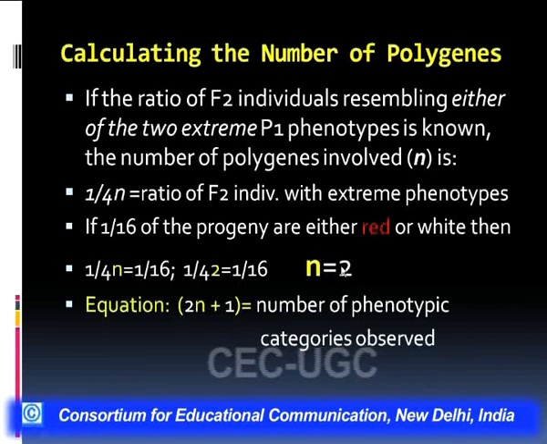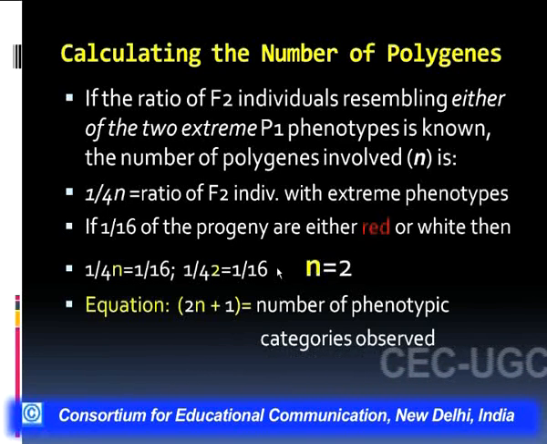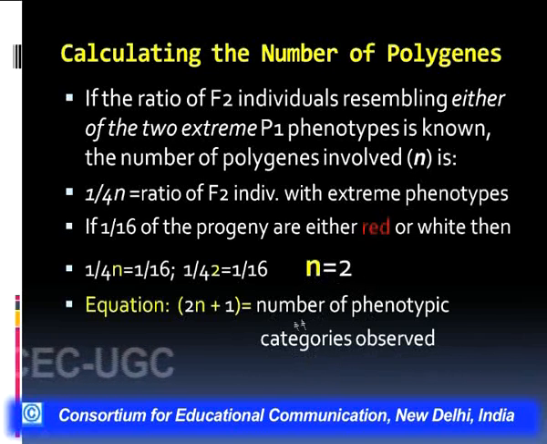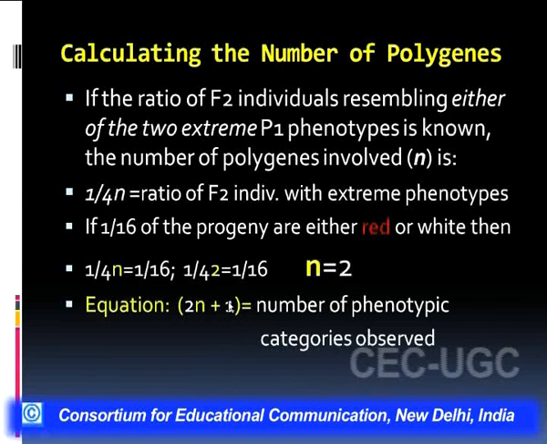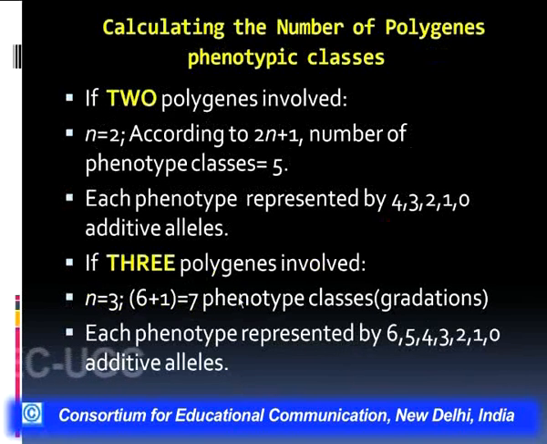In other words, n is equal to 2 and the number of phenotypic categories which are observed are, according to the equation, 2n plus 1. That would be our basic formula which we can apply to all the cases. Give you an example. If 2 polygenes are involved, so n is equal to 2 and we use the formula of 2n plus 1. So, that means the number of phenotypic classes is 5, which we just saw in terms of 1, 4, 6, 4, 1.